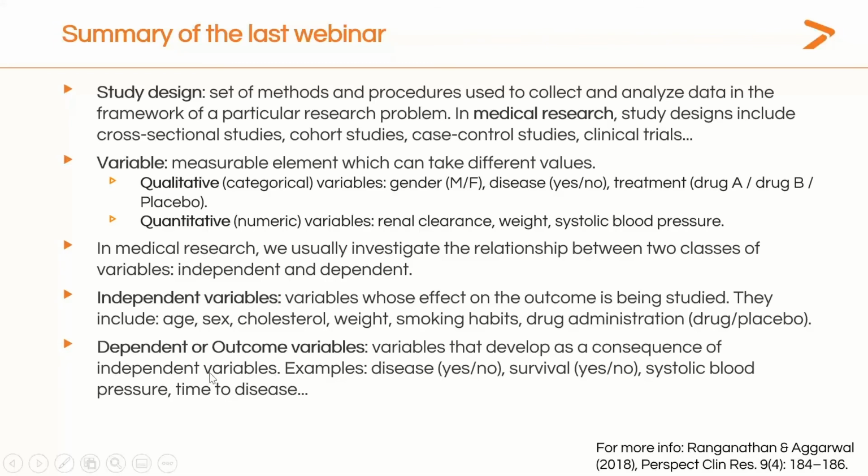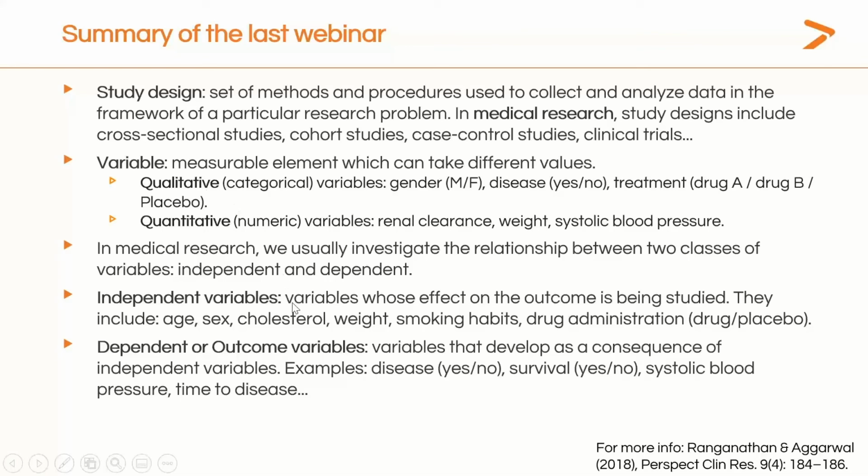The dependent variables or outcome variables are the variables that develop or that change or that evolve or that are affected by independent variables. For instance, disease, survival, systolic blood pressure, time to disease, and so on. As you can see, in both independent and dependent variables, you have both types of variables.